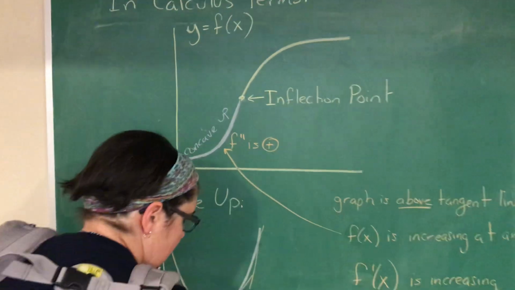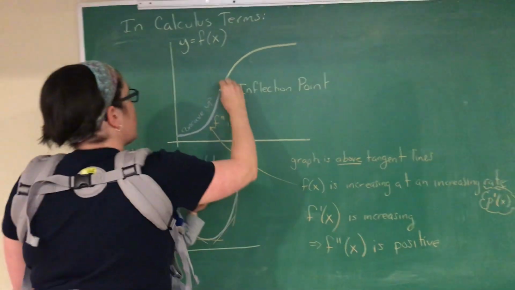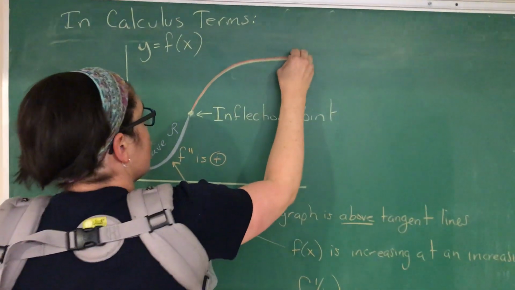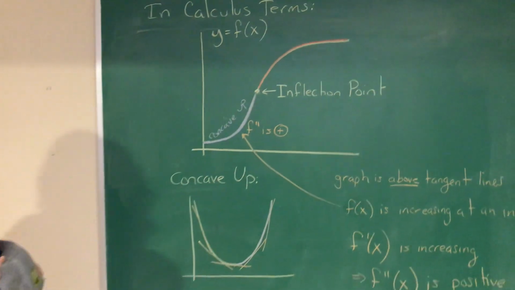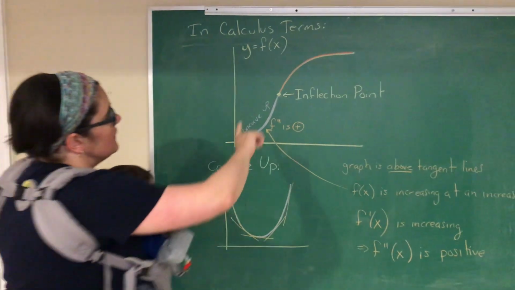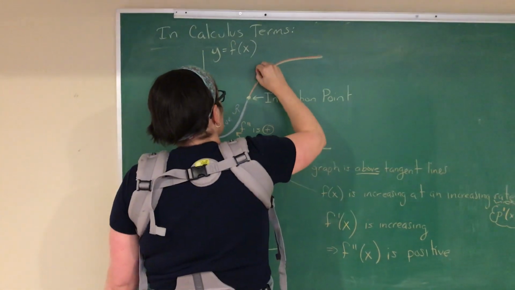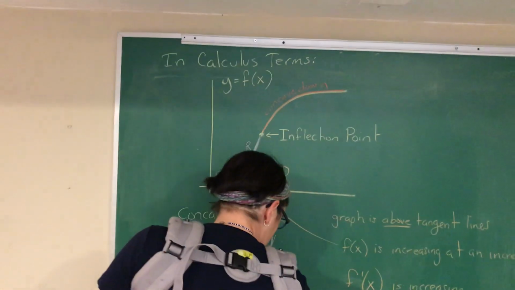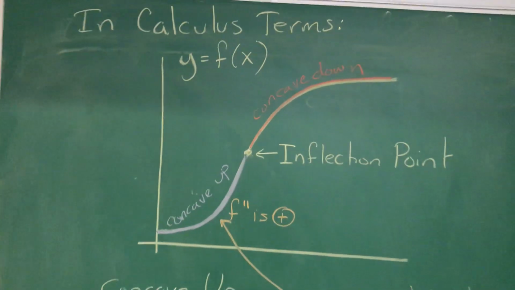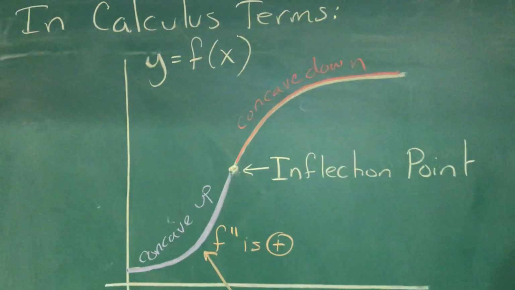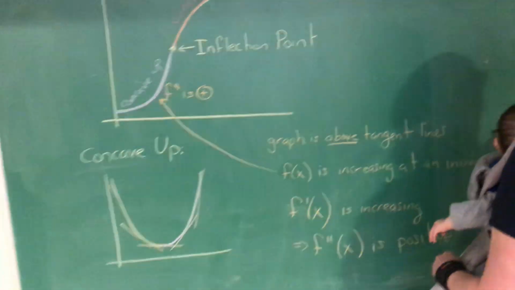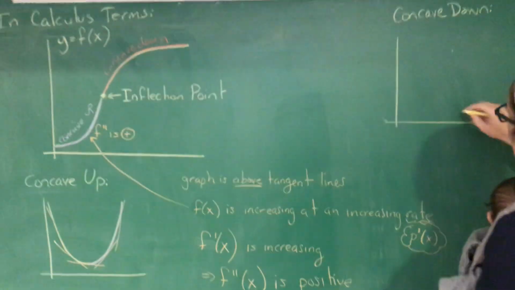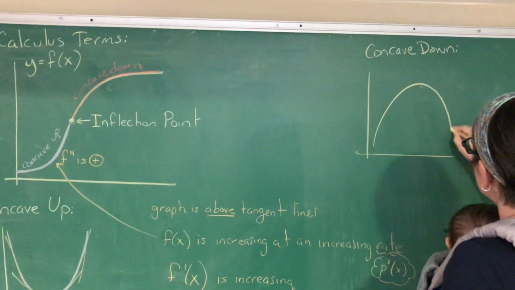On the other hand, on the top half of this graph, we have this portion up here where our function is increasing at a decreasing rate. This shape up above here is considered concave down. Now, when I draw a concave down graph, or a concave down shape, that's kind of an upside down U shape.